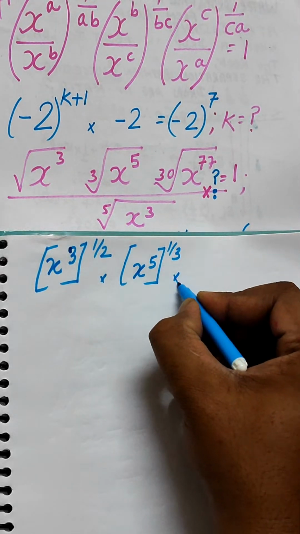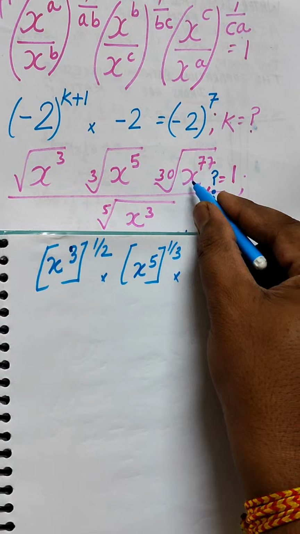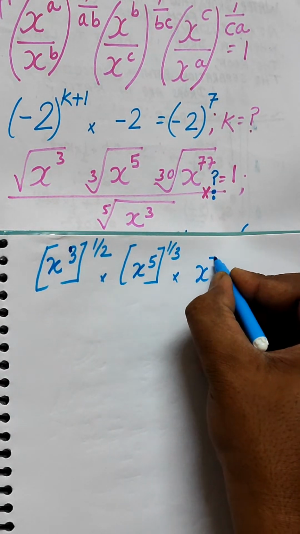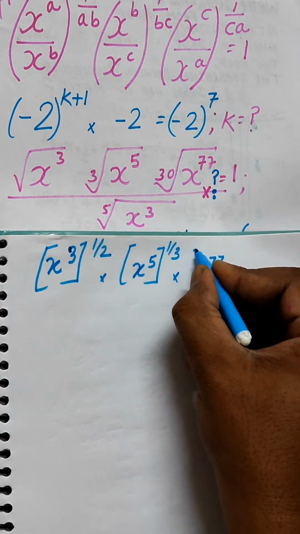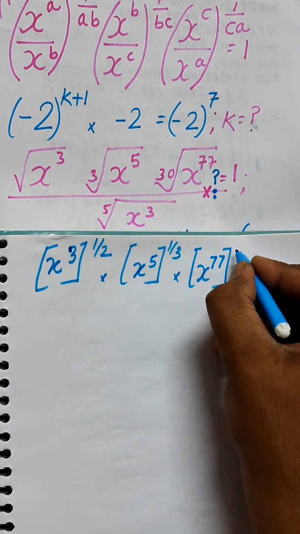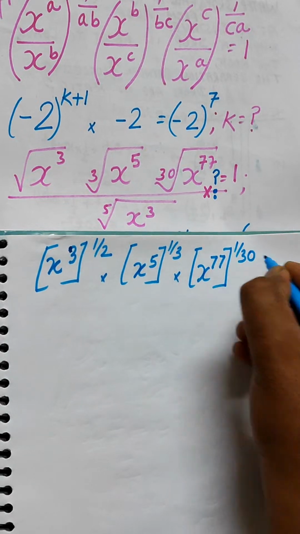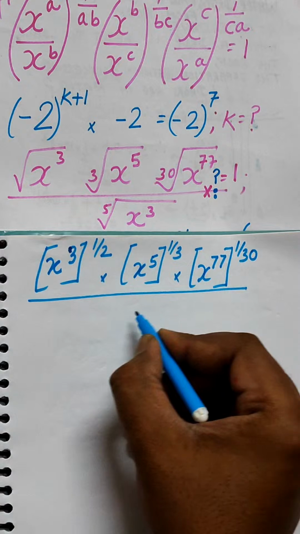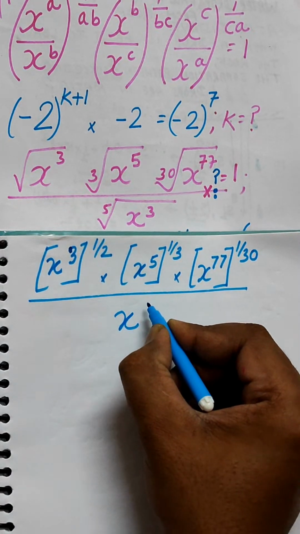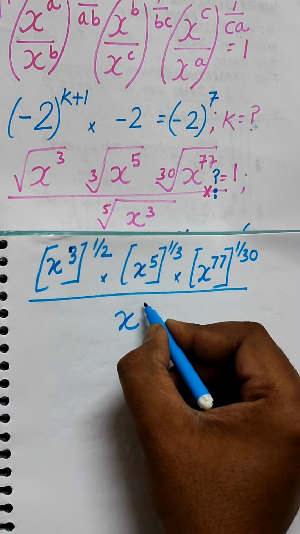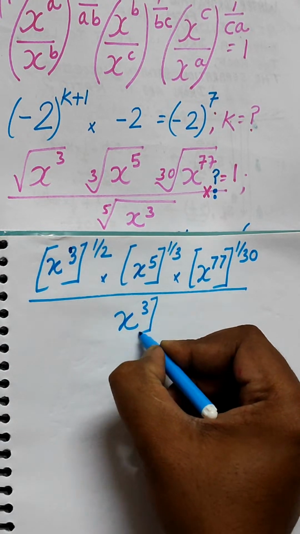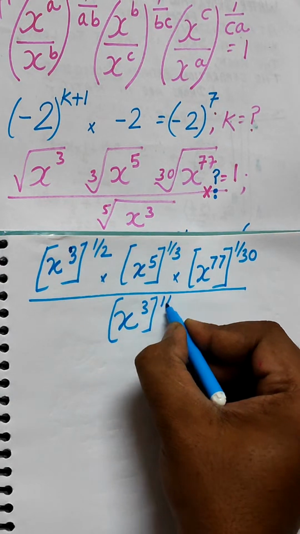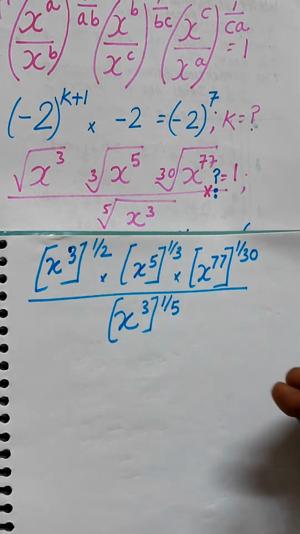The third number in the numerator is x power 77, and the power is 1 by 30, divided by x power 3, and this fifth root can be written as 1 by 5.